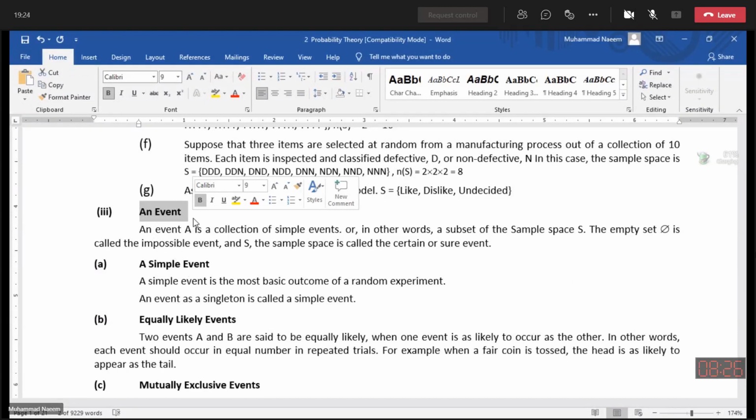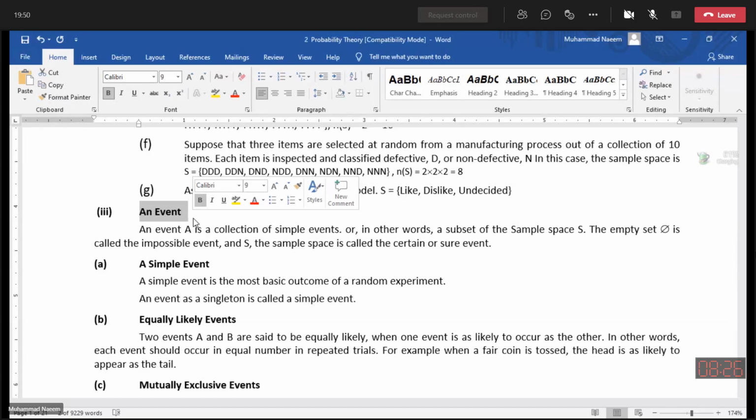Just like in set theory, a subset may be empty, a subset may be a singleton, or a subset may have more than one element, or it may also be the whole sample space.